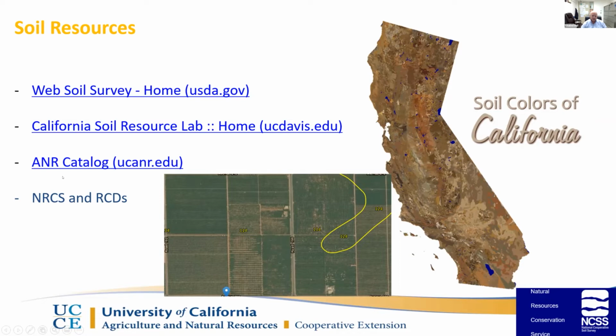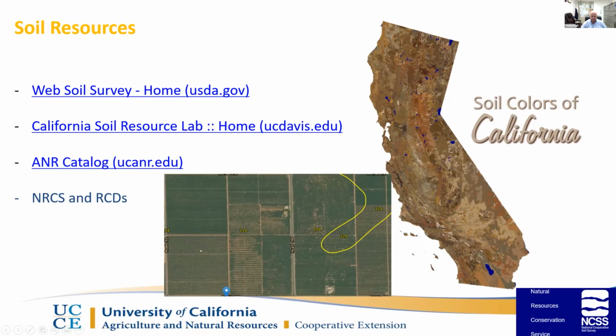There is also the ANR catalog, and we have the traditional NRCS and RCDs, where you can get soil maps. But for me, I find the Web Soil Survey is the easiest. It will take you maybe about 10, 15 minutes to get used to it if you never went to that site. Basically, it's just very easy.